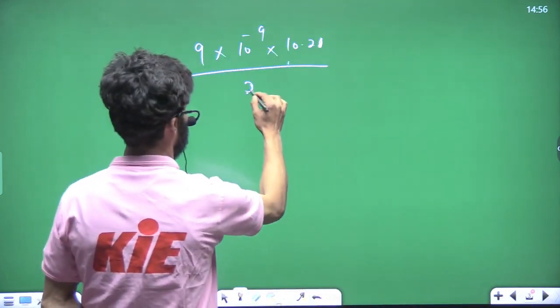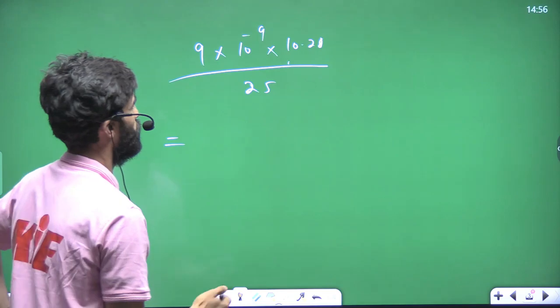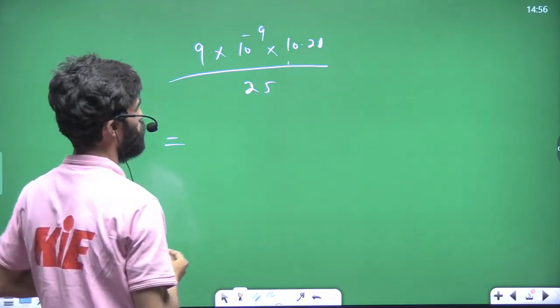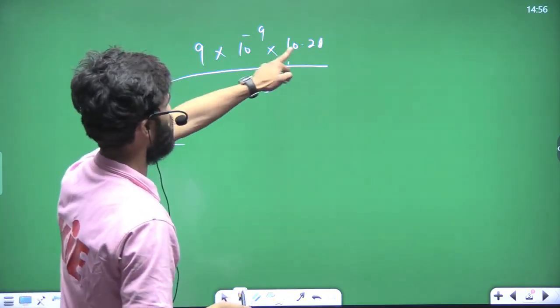Divided by 25. It is going to be 9 into 10 to the power 28.